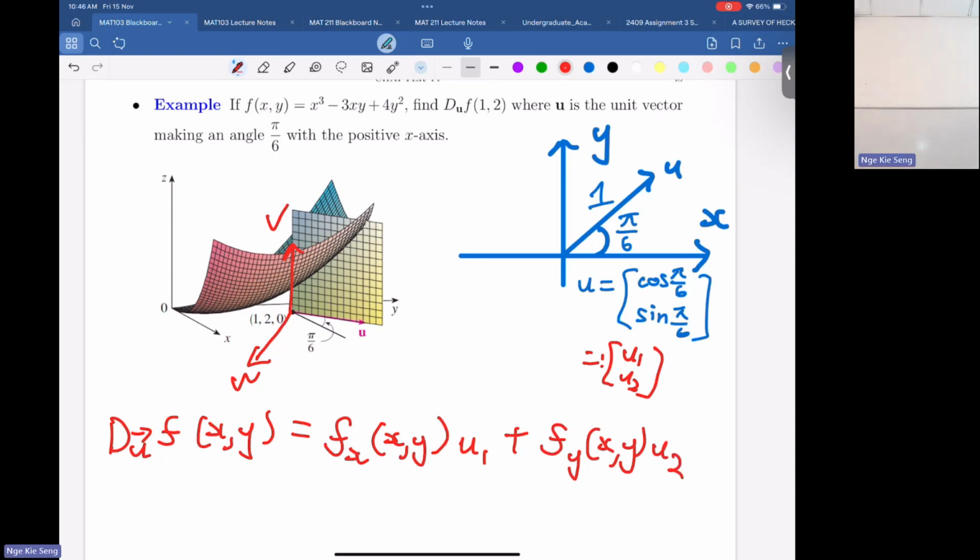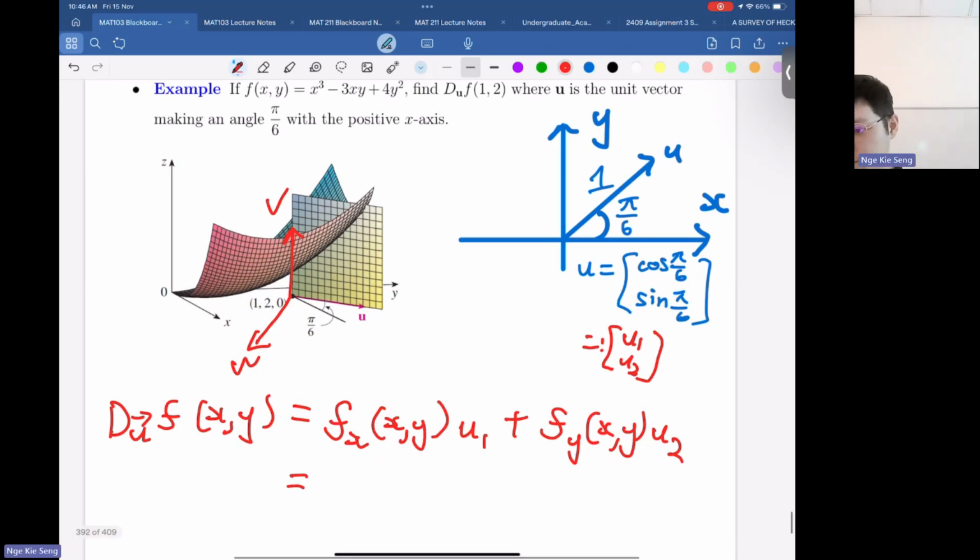Why can we do this? Because our f is differentiable. Why is our f differentiable? Because f_x and f_y exist and are continuous. So we compute f_x and f_y. Do they exist? Are they continuous or not? Very easy computation, right?